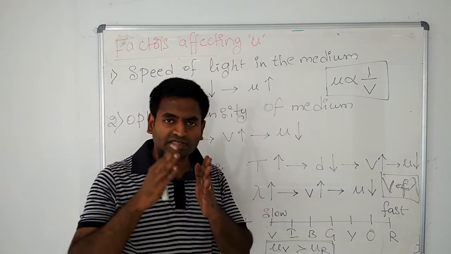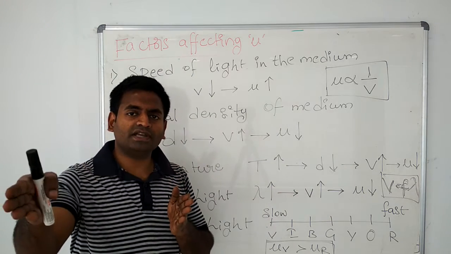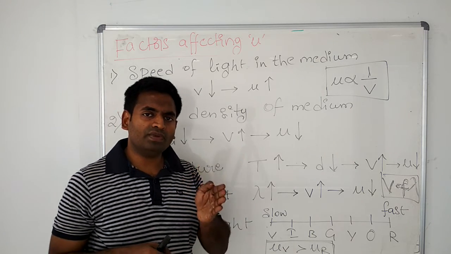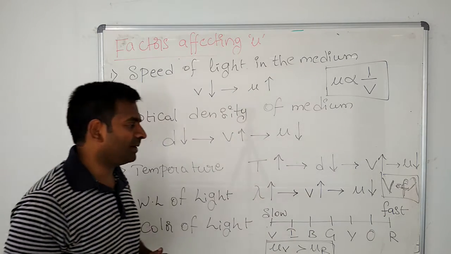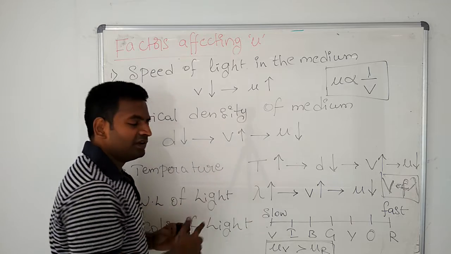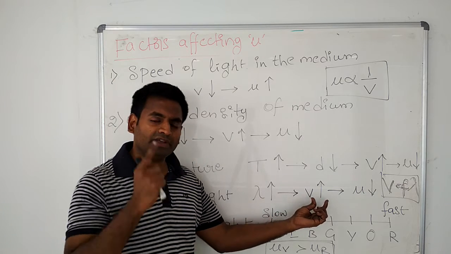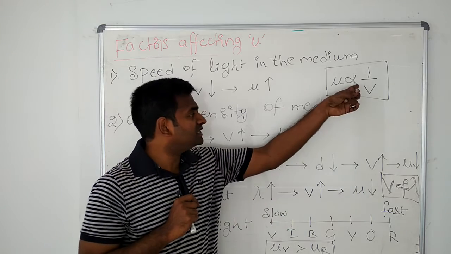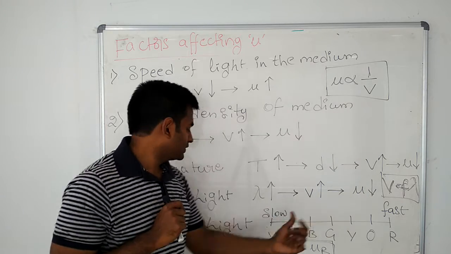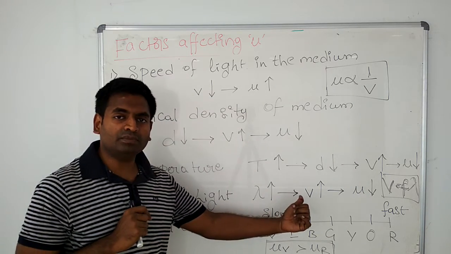If the wavelength is larger, it travels at a faster pace compared to a smaller wavelength. So remember the formula V is equal to F lambda. When my wavelength is more, immediately my velocity is more. And if my velocity is more, my refractive index is less. That is how the wavelength would affect the mu.